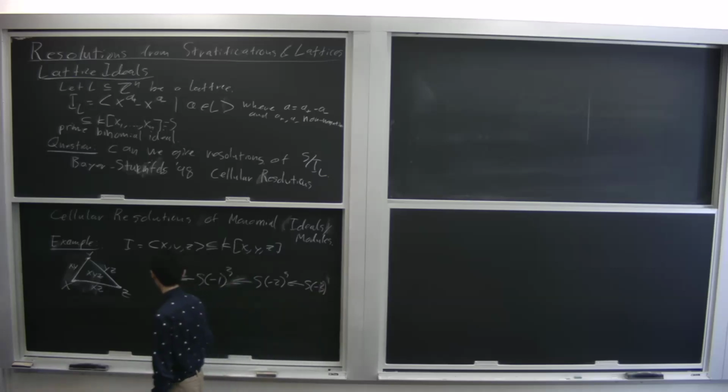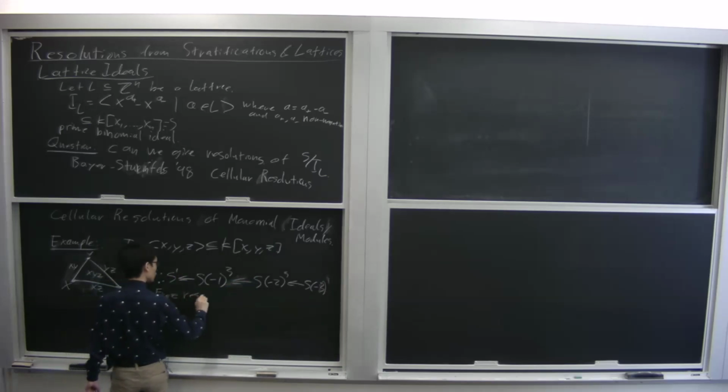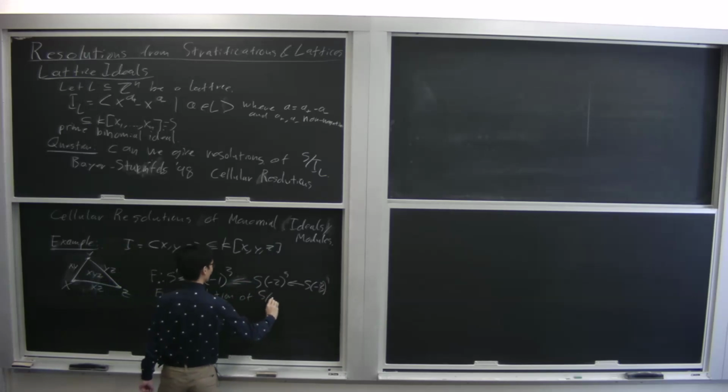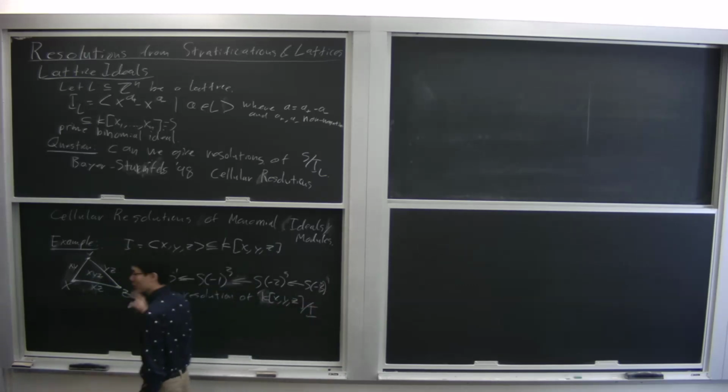So this is our resolution. This is a free resolution. In fact, it's minimal, of S mod. Oh, I said S, but I didn't tell you what S was. Let's say k[x, y, z] mod the ideal that I wrote down up here.